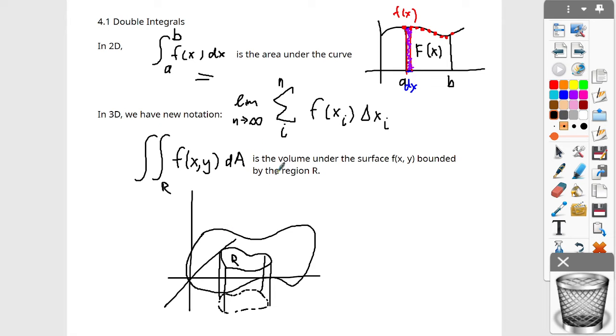What's dA? dA is a small change in area. Or, well, it's not really even a small change in area. It's the fact that volume is equal to height times base, and the base is the base area.